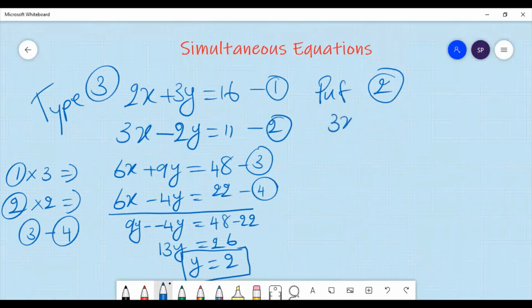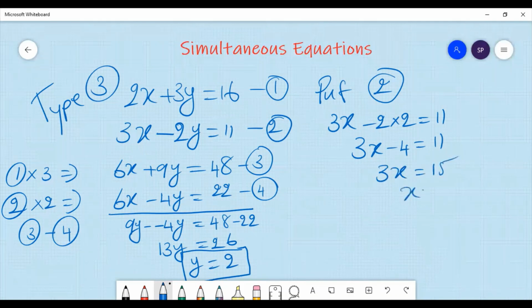So we're going to have 3x minus 2 times 2 equals 11. So it's 3x minus 4 equals 11. So it's 3x equals 15. So x is equal to 5. And we already worked out y as 2. So that's basically the answer for the third type.